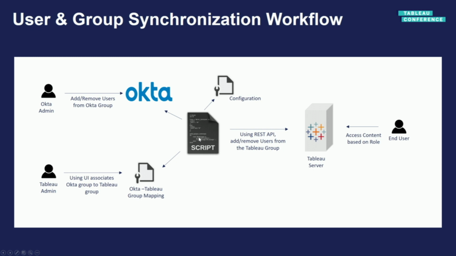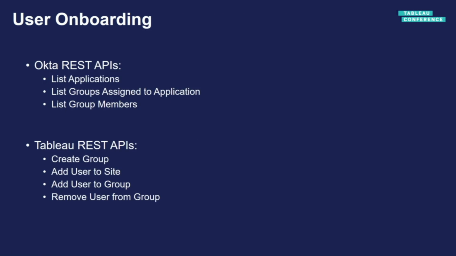Let's take a look at some of the APIs that might actually be helpful. On the Okta side, we have list applications. These are, again, REST APIs. You have list groups assigned to application, which gives you a listing of all the groups, which is a collection of users, for a given application. You can also list group members, so this is a list of all the users within a group.